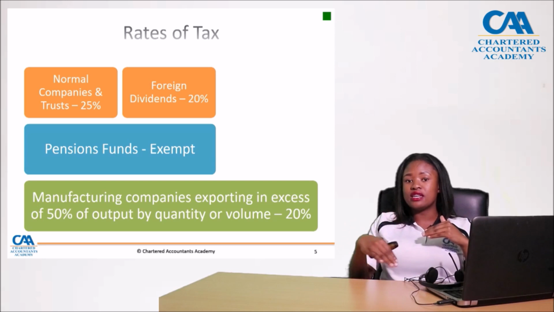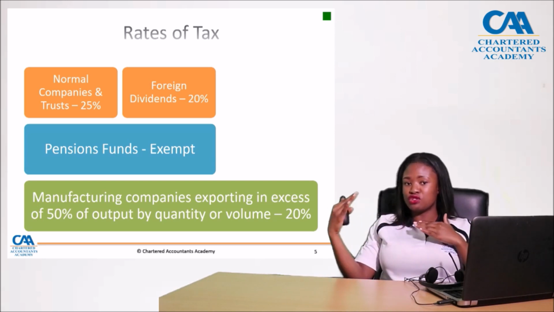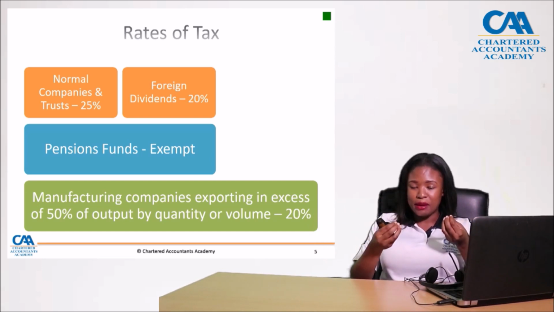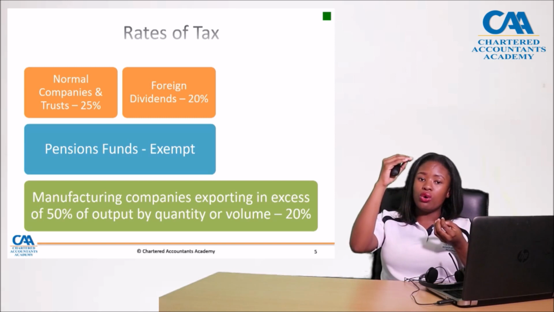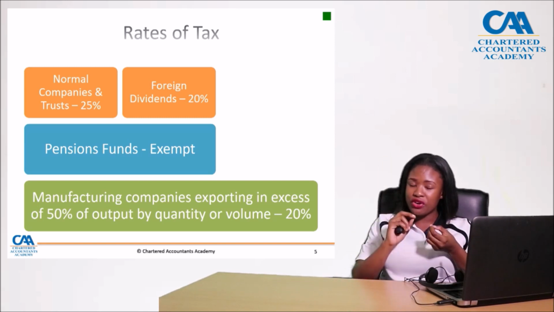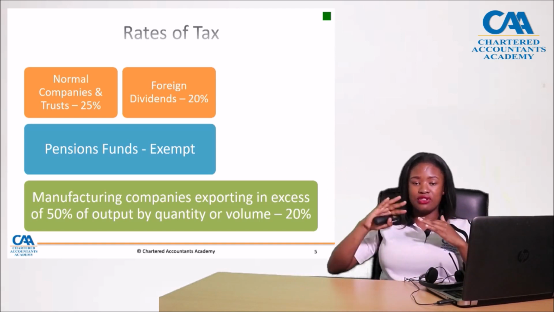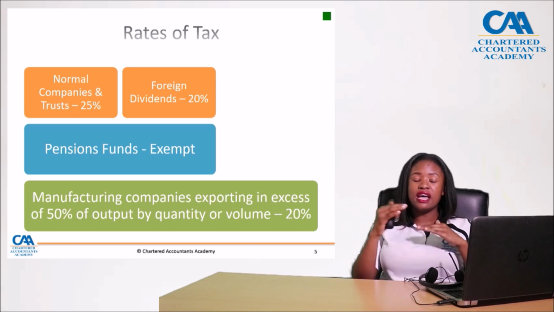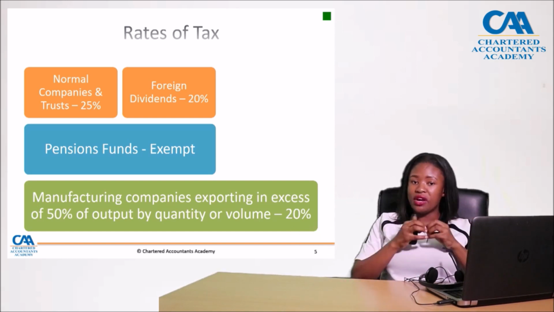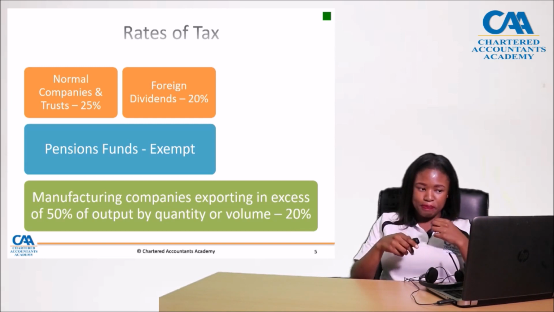However, the legislation then comes through and says they should be taxed at a different rate of 20%. So when you're being examined, when you're doing your calculation or even when you're discussing, remember that foreign dividends are taxed separately at their own rate. You tax the rest of the income at 25%, then you tax your foreign dividends at 20%, and when you join this, you get the taxable income of the taxpayer.